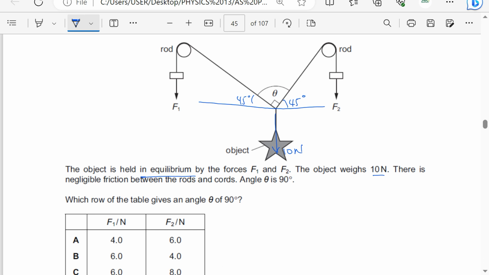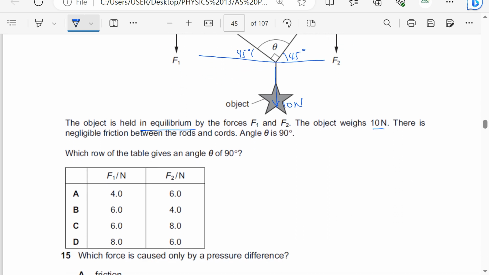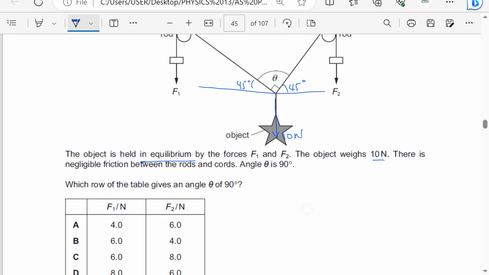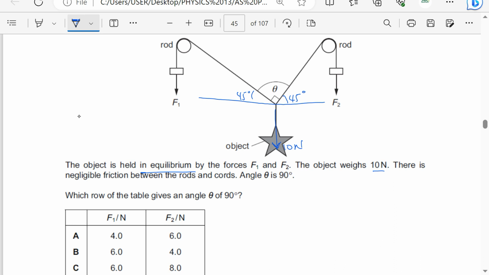So which row of the table gives an angle theta of 90 degrees? F1 of 4 newtons. I'm going to try and resolve this. Let me resolve in the vertical since I'm given the weight of 10 newtons downwards.